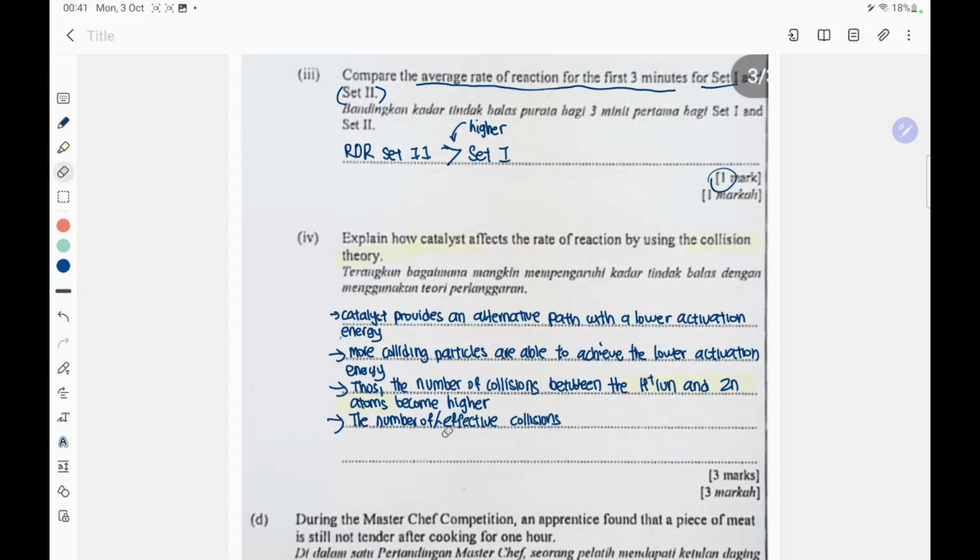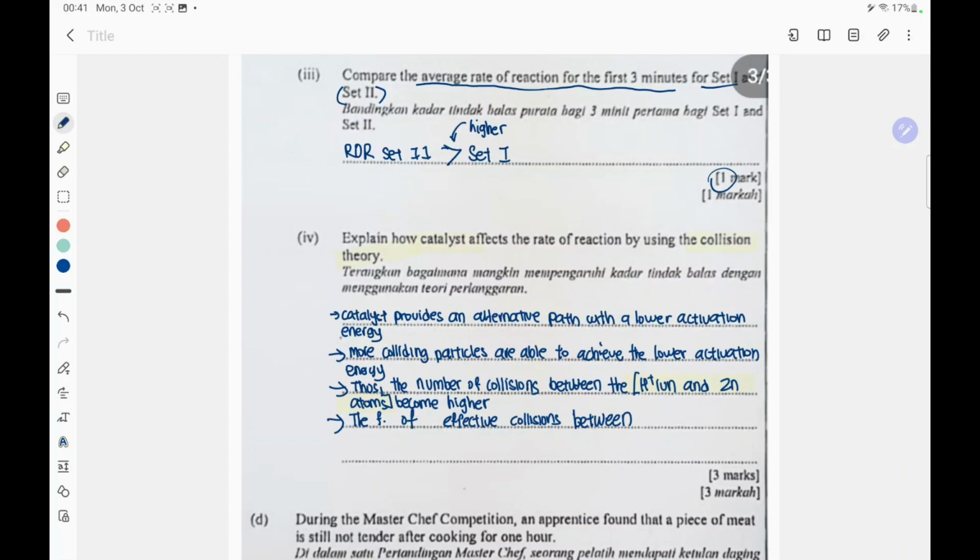I left out the frequency. The frequency is not the number, it's the frequency of effective collisions between, because you have stated the hydrogen ion and zinc atom, so now you don't have to rewrite it.